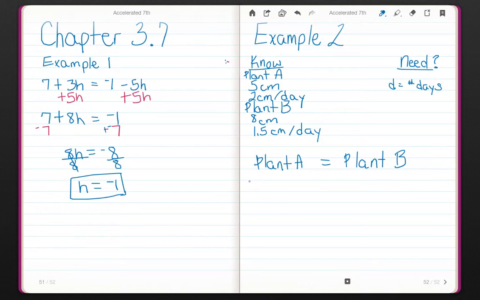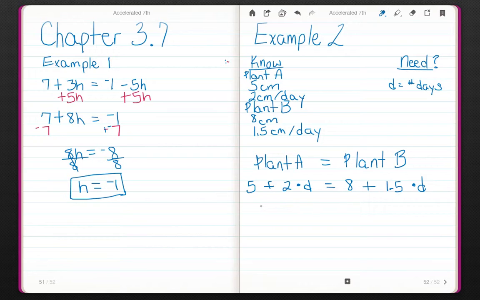So plant A started at 5 centimeters and is going to grow 2 centimeters per day times a certain number of days. I don't know what that is yet. Plant B starts at 8 centimeters and is going to add 1.5 centimeters per day for, again, a certain number of days.